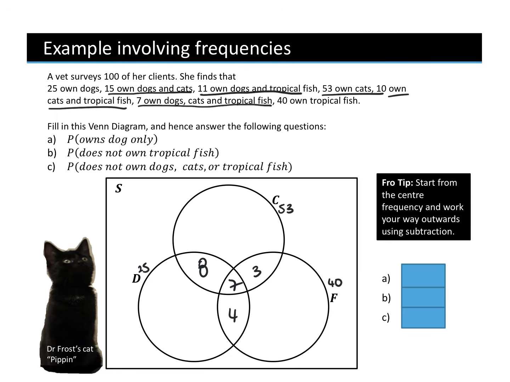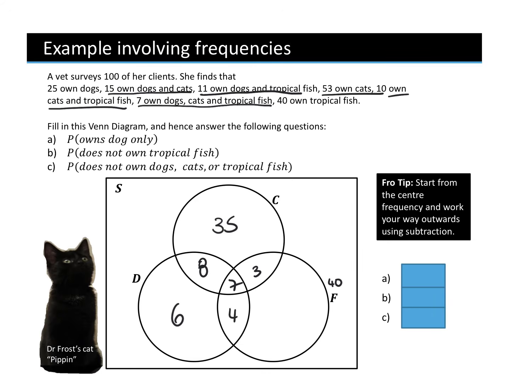40 own tropical fish. Okay, so now I'll be able to figure out 8 plus 7 is 15 plus 4 is 19. So that means 6 dogs only will give me 25. Then we're going to have 18 plus what is 53? 35. So that makes 53.